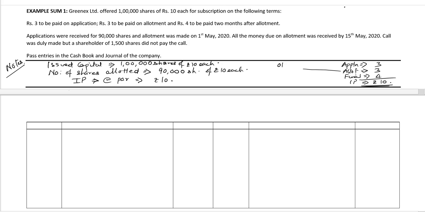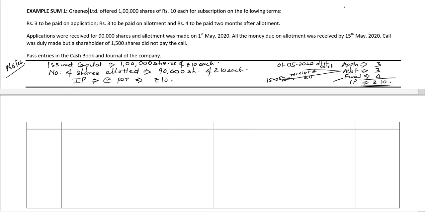So 01/05/2020 is the date of allotment. And the receipt of allotment money is 15th May 2020.